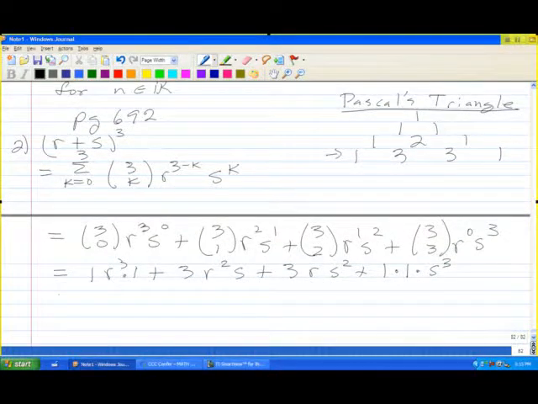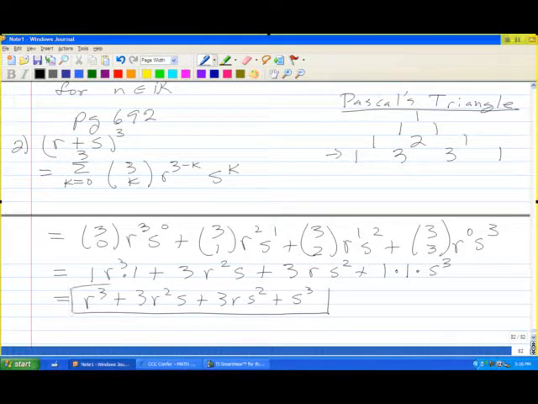And so we get r cubed plus 3r squared s plus 3r s squared plus s cubed. And that is our formula using Pascal's triangle.